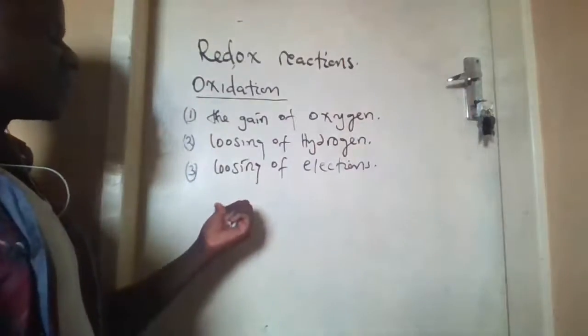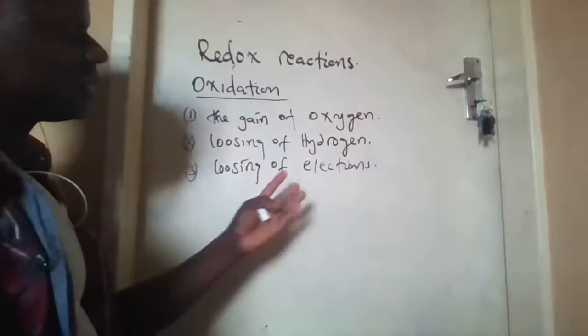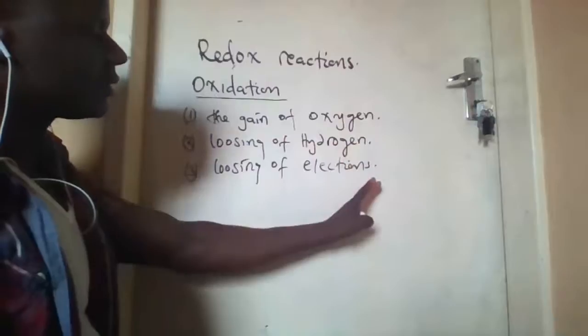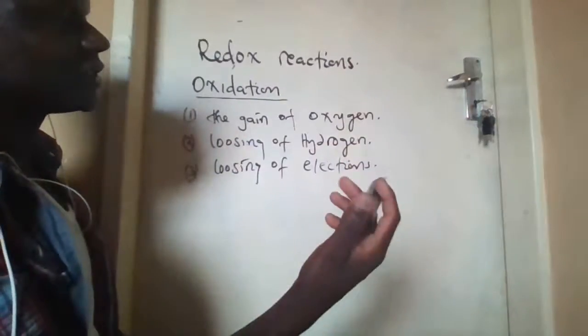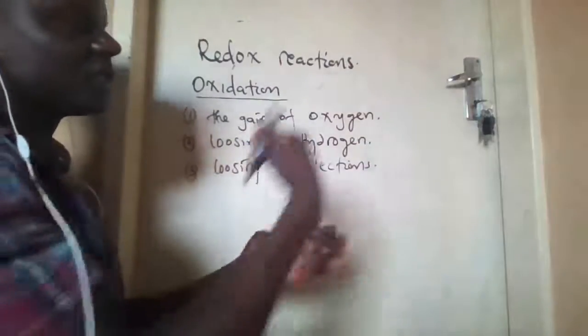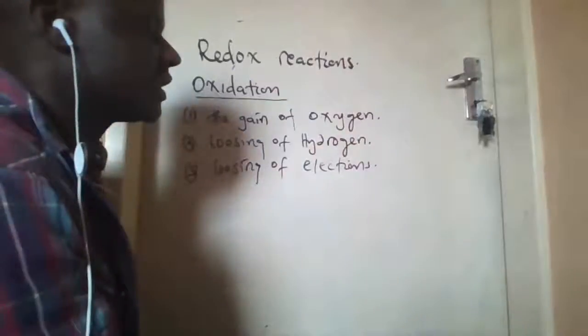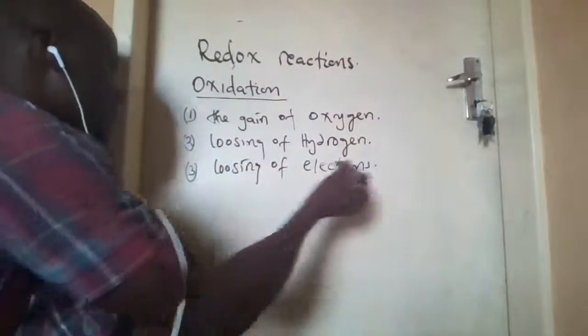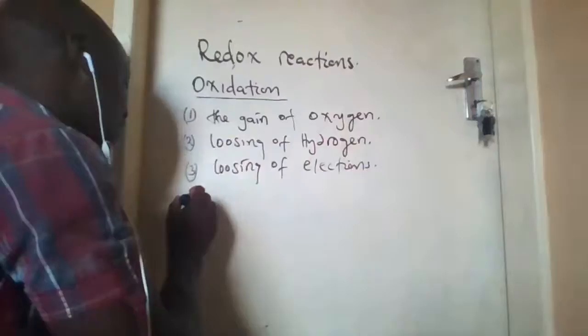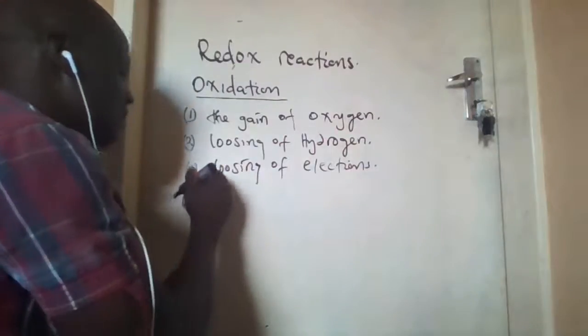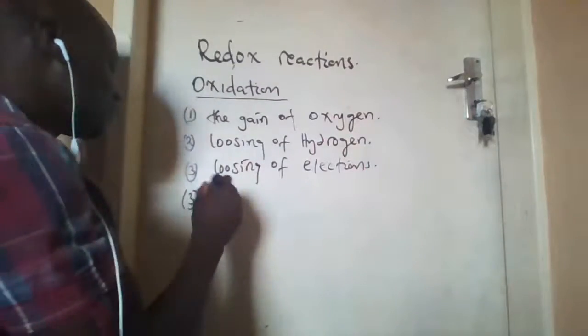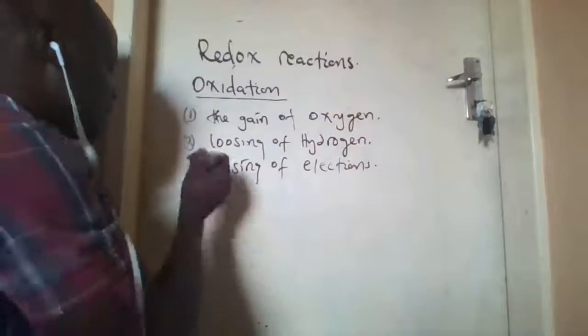Before it reacts, the charge is zero. After it reacts by losing electrons, the overall charge will be plus. So because of that, there is an increase in oxidation state. In my explanation, I'm going to combine three and four.